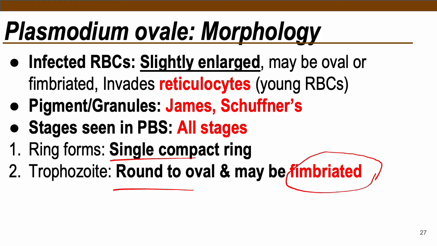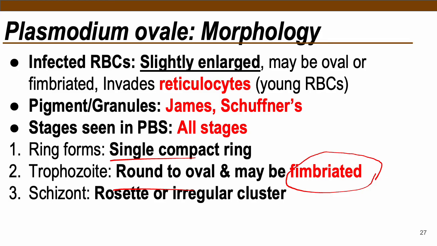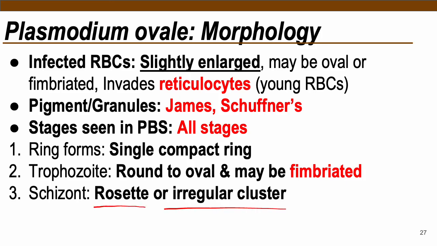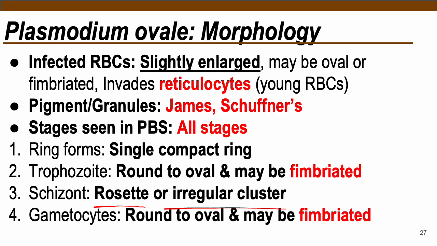So our keyword for Plasmodium ovale in terms of morphology is the presence of fimbriations. Next, the schizont may also resemble malariae, where rosette or irregular clusters of merozoites are present. For the gametocytes, as you can see, round to oval that may be fimbriated.